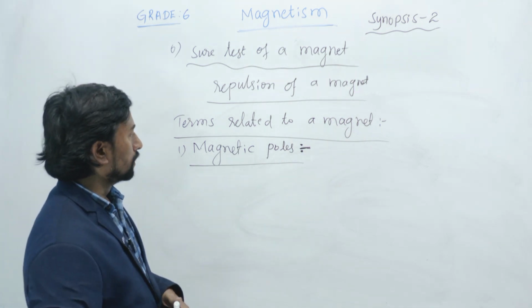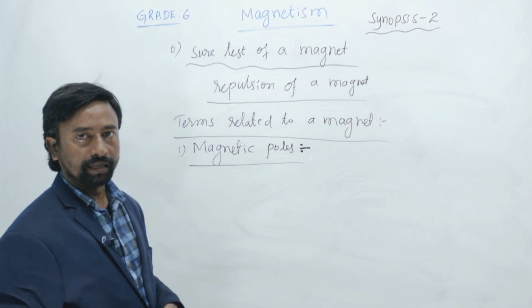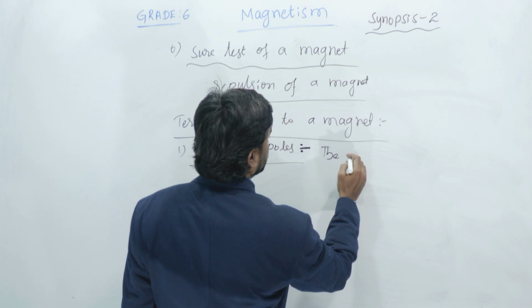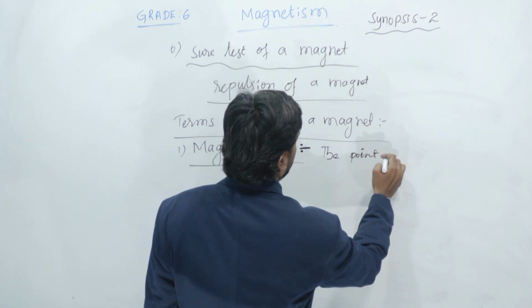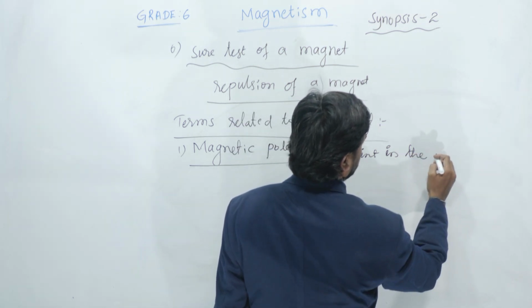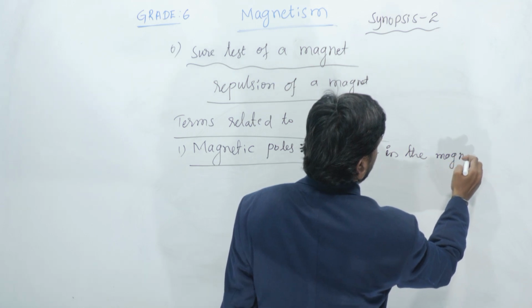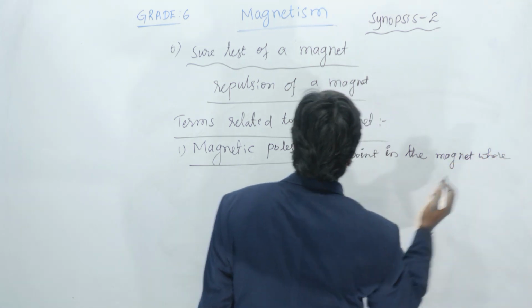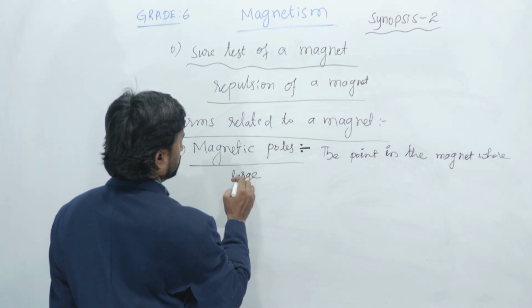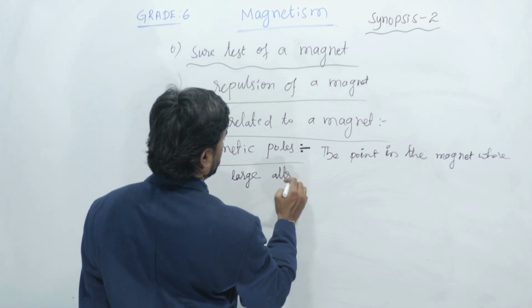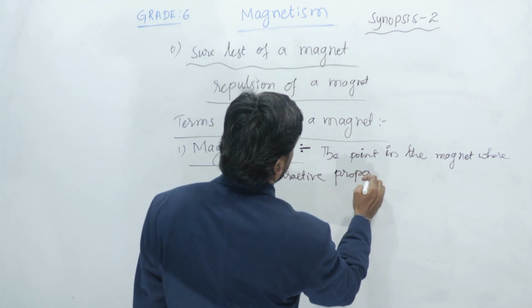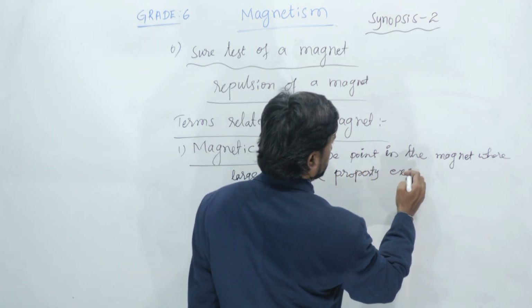A magnetic pole can be defined as the point in the bar magnet, or a magnet, where a large attractive property exists.